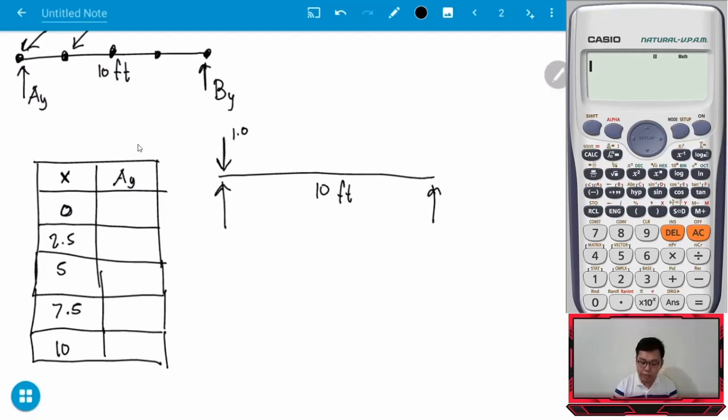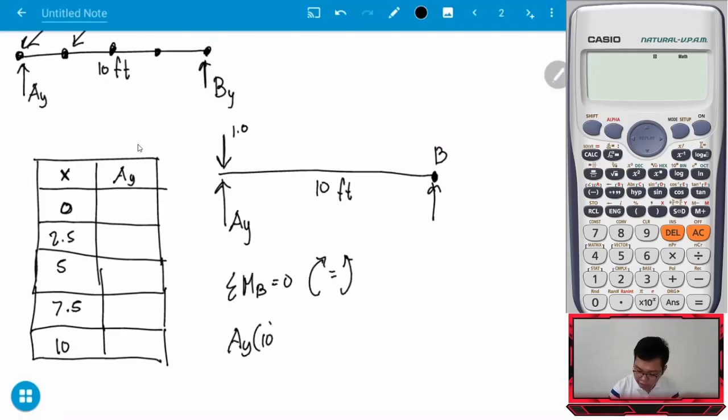So ang gagawin ko, guys, is I will just solve for AY. Napakadali, di ba? So, sum up ako ng moment siguro dito sa B. Summation of moment sa B is equal to 0. Clockwise is equals counterclockwise, di ba? So, from our reference point B, the clockwise moment is actually produced by the reaction AY.